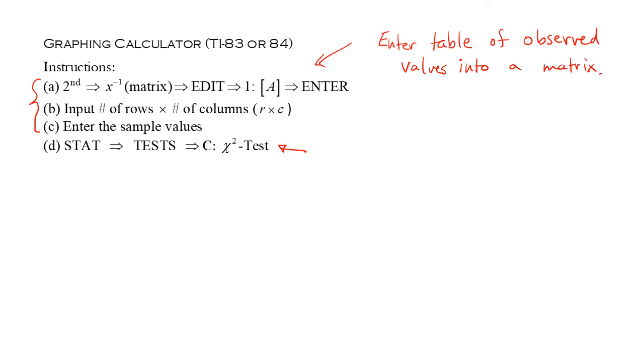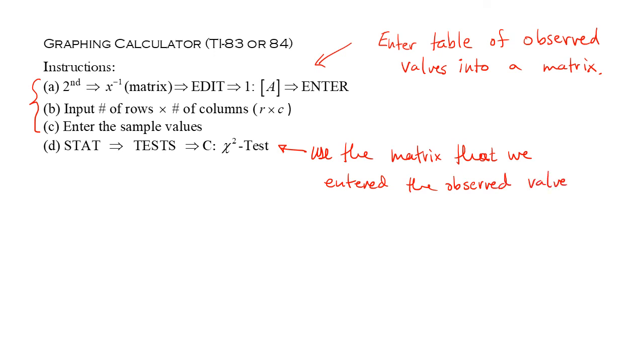And then once we do that, we can perform the chi-squared test by going to stat tests and then moving down the list to the chi-squared test towards the bottom. And there you'll use the matrix that we entered the observed values in. And that will be basically all we need for the chi-squared test. Now, what will the output be?